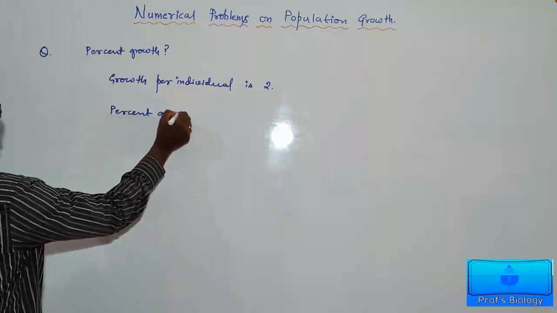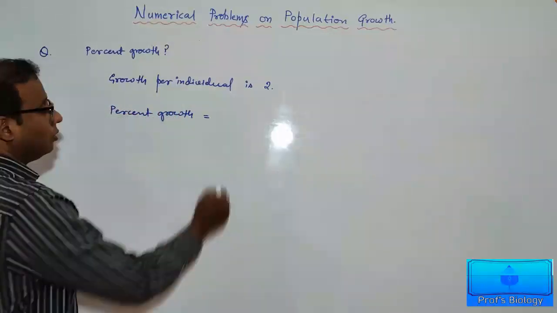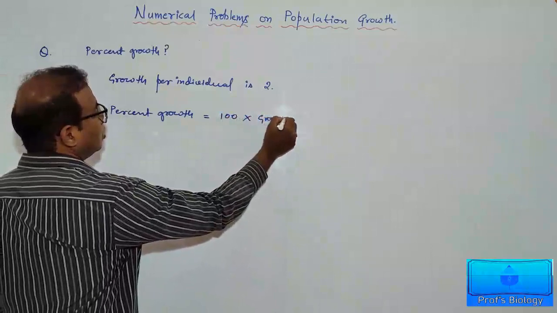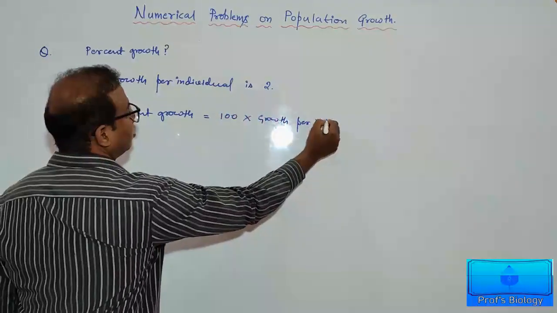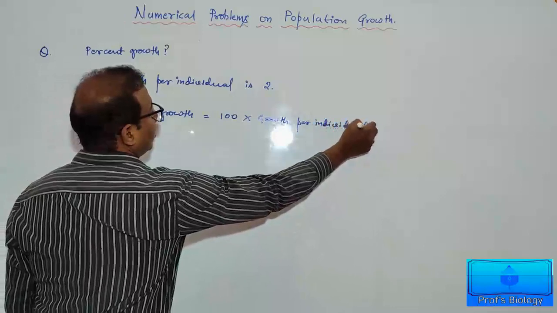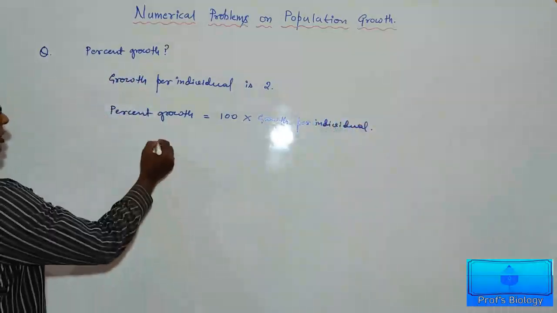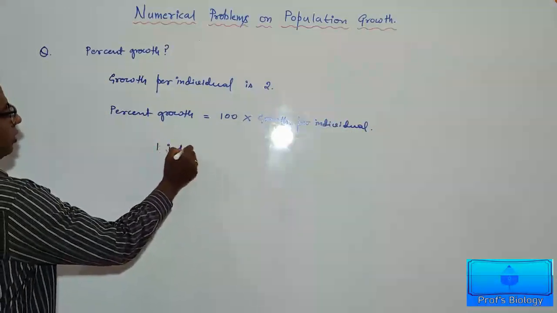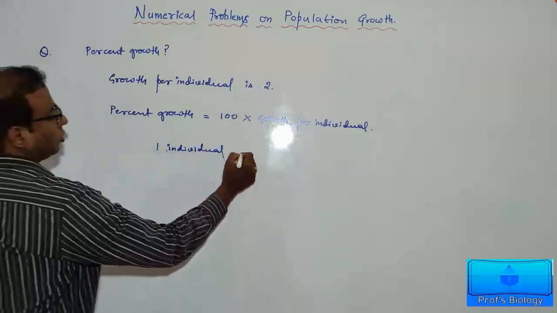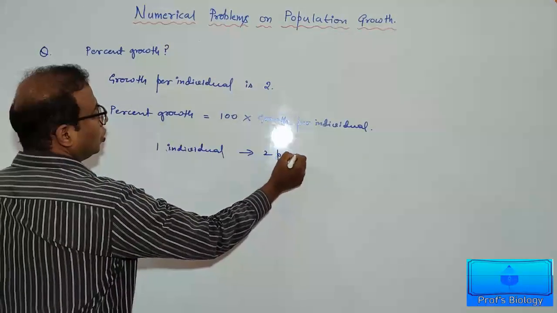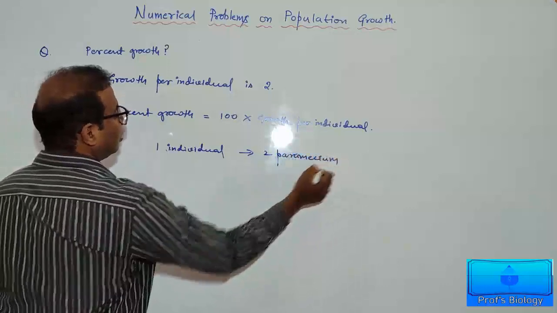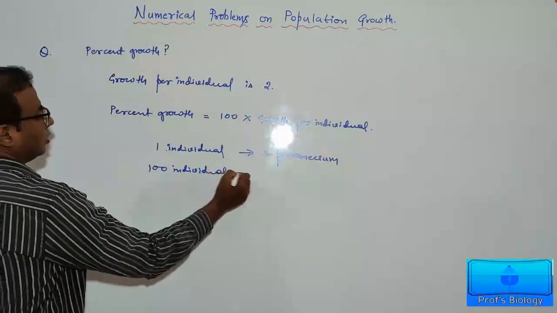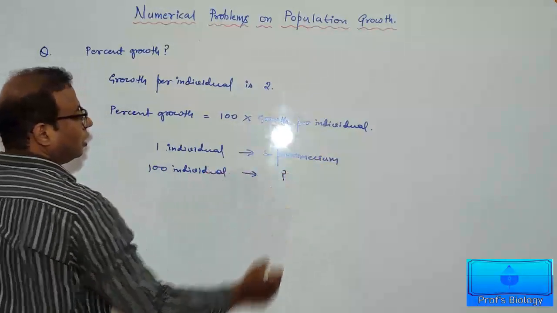And percent growth can be written as 100 into growth per individual. Now basically we have to find out if each individual is producing 2 parameciums, then 100 individuals would produce how many parameciums?